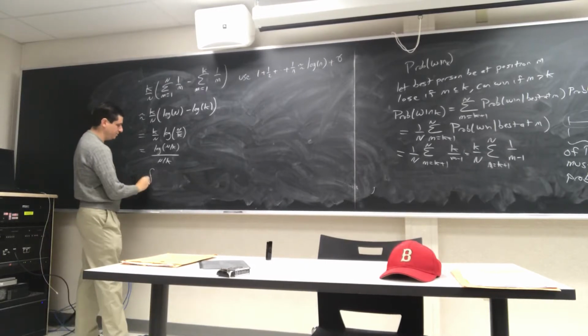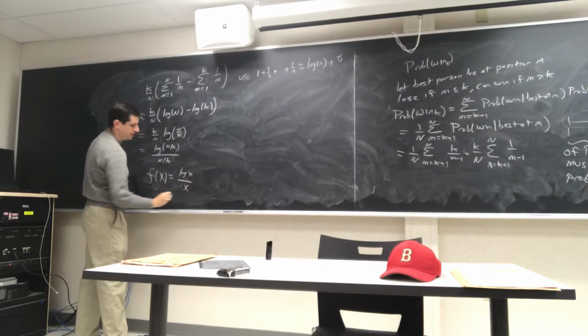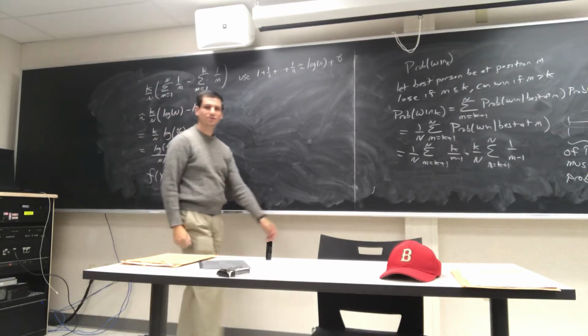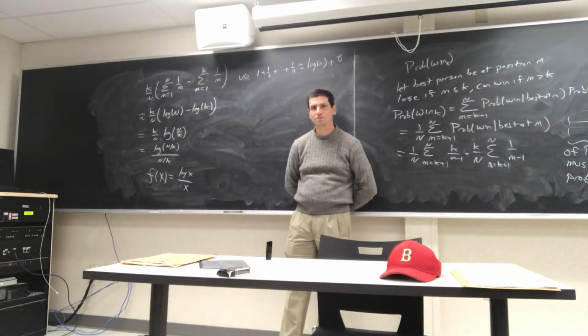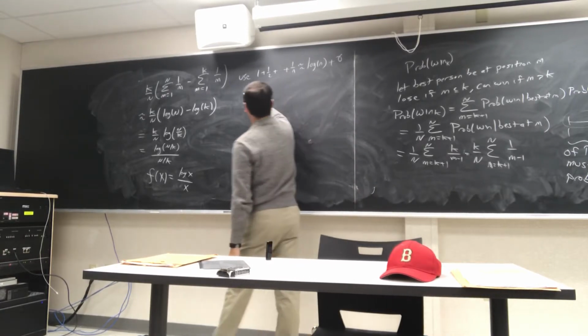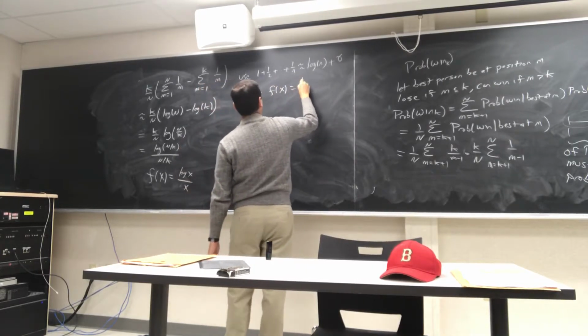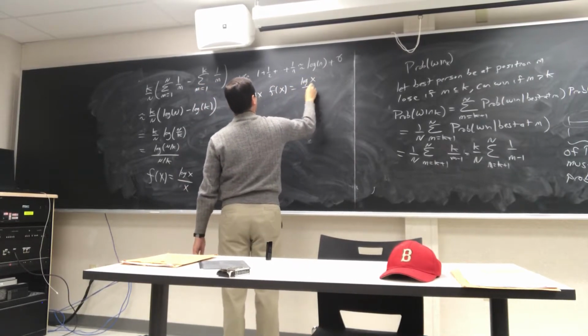So I can view this as a function, f of x is the log of x over x. What do I want to do? I want to maximize this. So what I'm going to do is try to find what ratio of n over k is going to be best. All right? So maximize f of x equals log x over x.